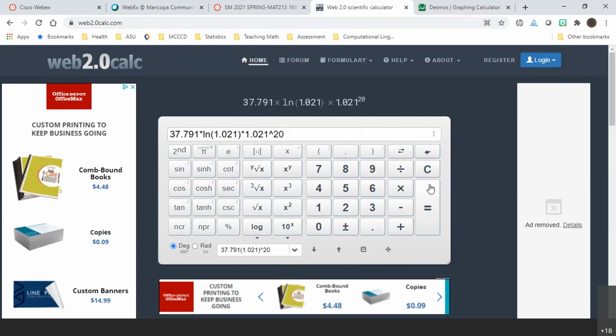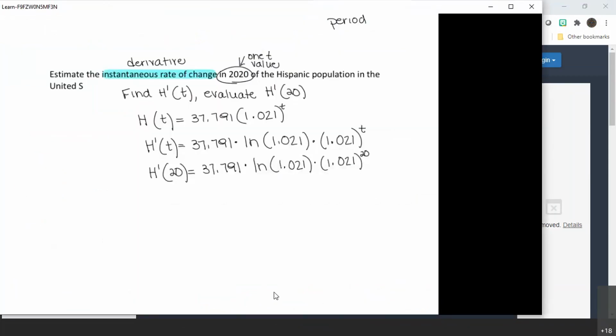Just double check that that looks like what you've got written down. And that gives me about 1.19 rounded to hundredths. And that's million people.